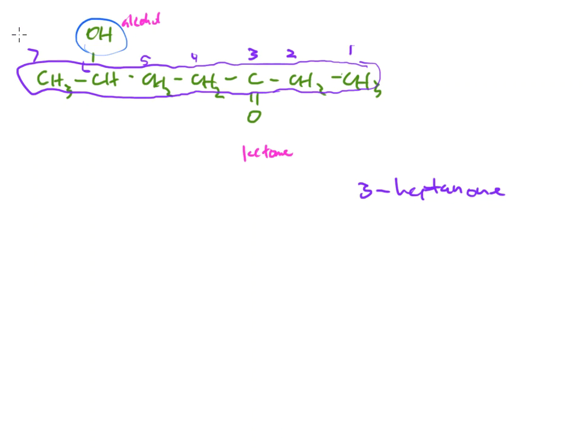So at carbon number 6, I have an OH group. That is a substituent, not the main chain. That's not the main functional group. And in order to name it, I have to use the word hydroxy. So at carbon number 6, I have a hydroxy unit. And the name of this is 6-hydroxy-3-heptanone. Folks, there you go.